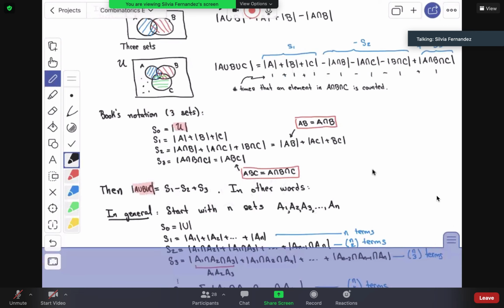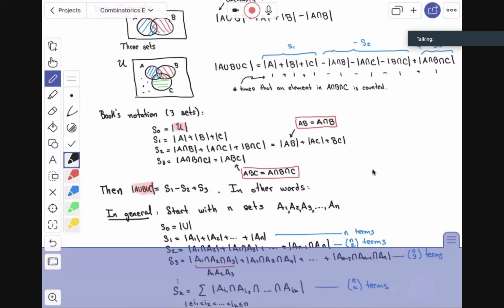What we say is that what's outside, so A intersection A complement, intersection B complement, intersection C complement, which happens to be U minus the union. So everything that's outside is equal to S naught, which is everything, minus the union.